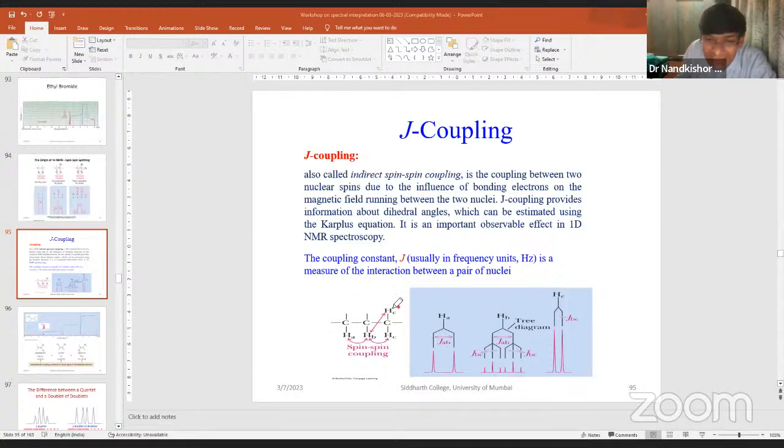Now, HC has only 1 proton nearby, so this will give you the doublet. Now, when HB couples with HC, this spacing distance is this, that is less than this. So when HC couples with HB in reverse, the distance will be the same.